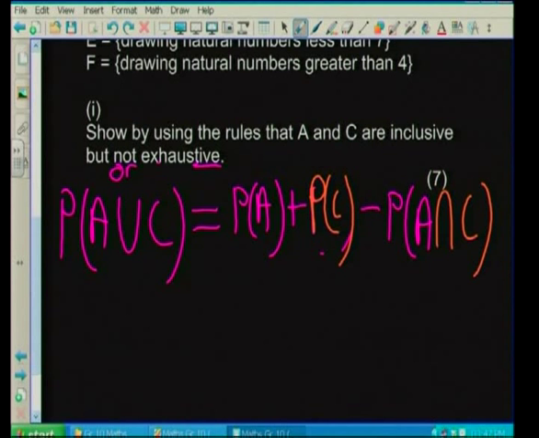I'm going to say I already know that the probability of A or C, because I've just done it, is 8 out of 12, right?